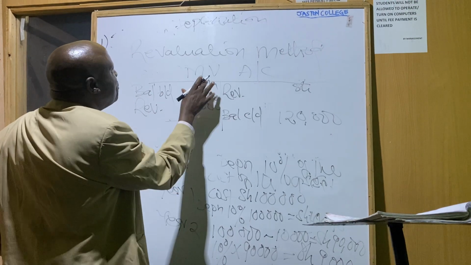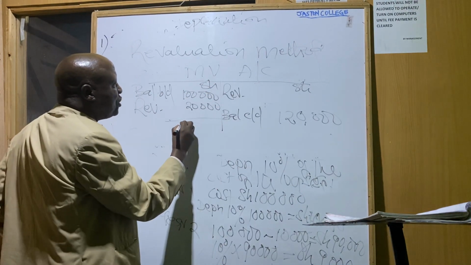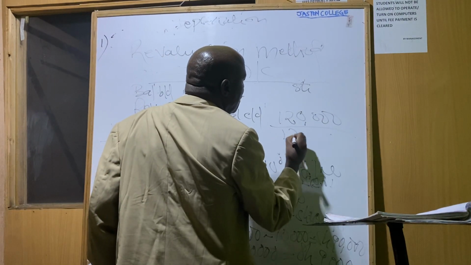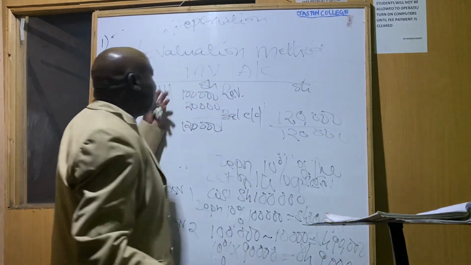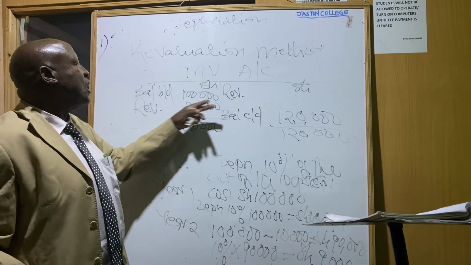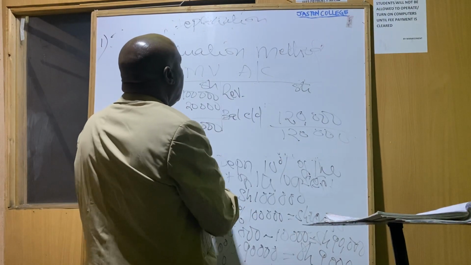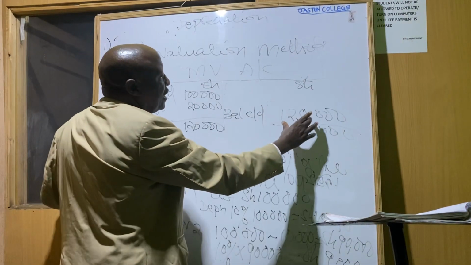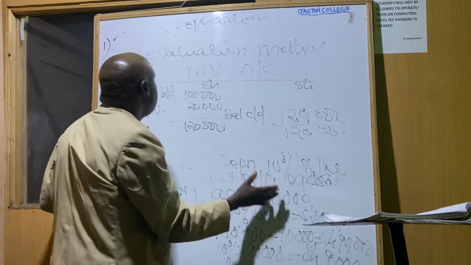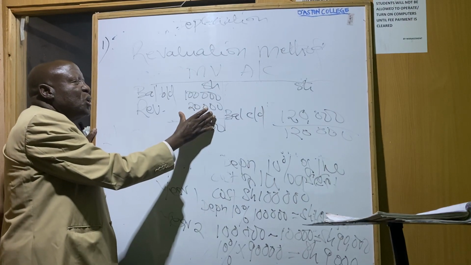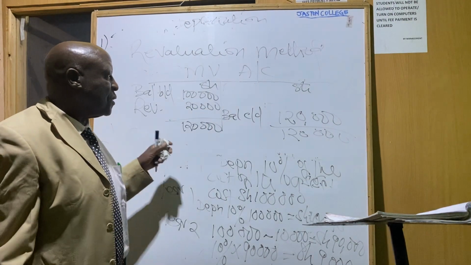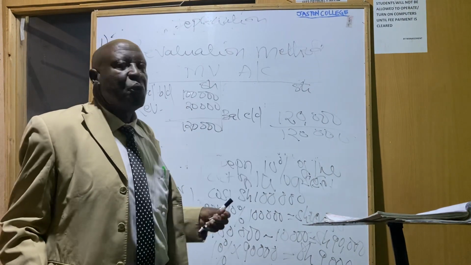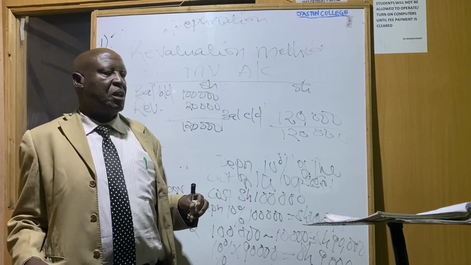It means the motor vehicle has appreciated by 20,000. Now it will be 120,000 here and also 120,000 here. So this is appreciation, revaluation. Initially it was 100,000, but at the end of the year it is valued at 120,000. So we have an increase of 20,000 shillings on that motor vehicle. We have revalued it to 120,000, so the estimate is now 120,000.